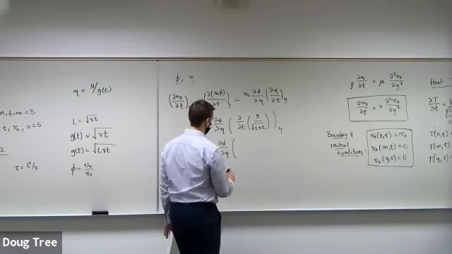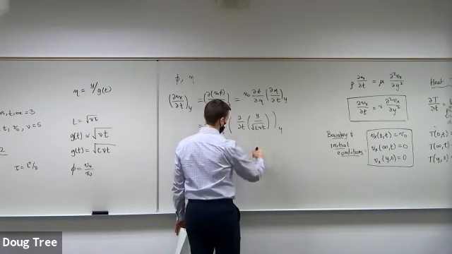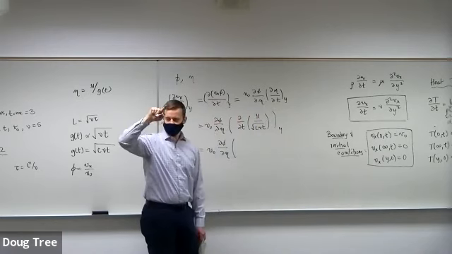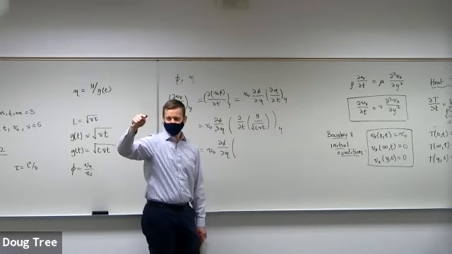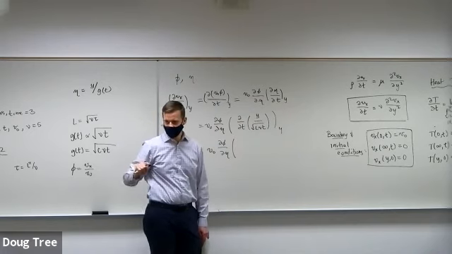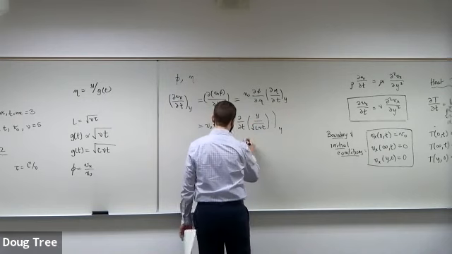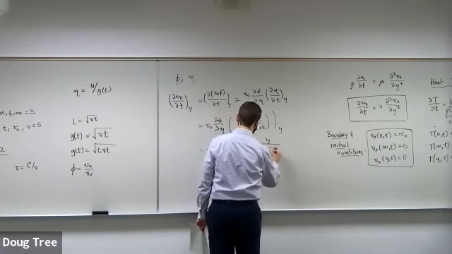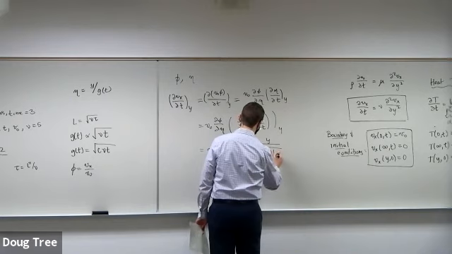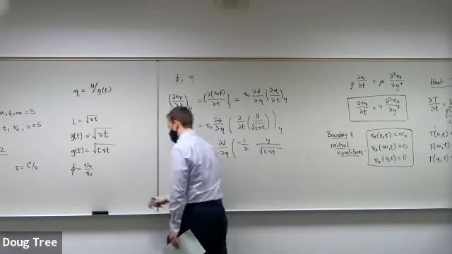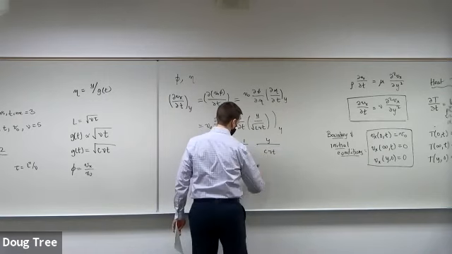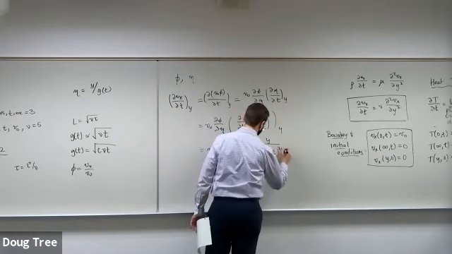And then I'm going to have, if I have 1 over a t to the 1/2, I'm going to get a minus 1/2 t to the minus 3/2. So I'm going to have minus 1/2, keep the y, and c nu t to the 3/2.